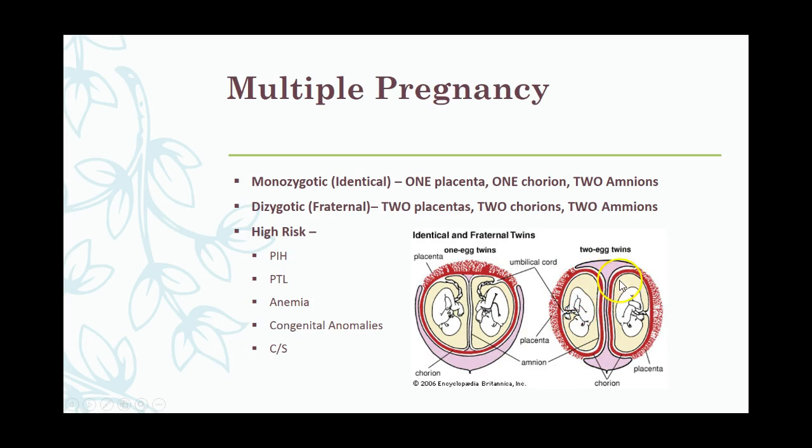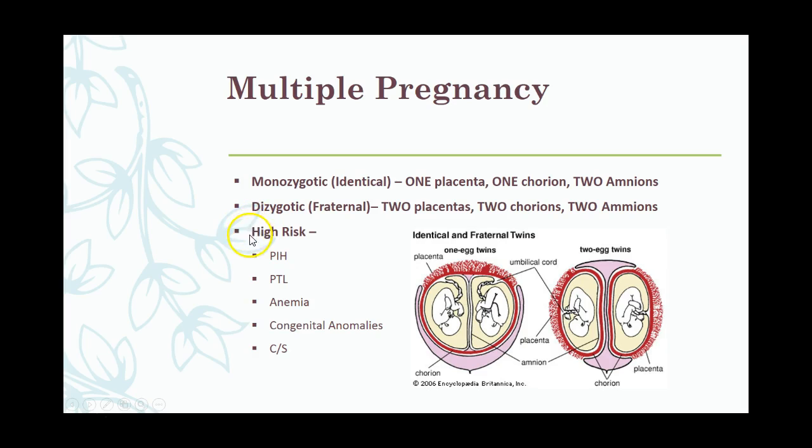So an amniotic sac here and an amniotic sac here. These guys are two egg twins. So we've had two eggs that have been implanted by two sperms. One sperm in one egg and one sperm in the other. All right, so I hope that makes this a little easier to understand with these pictures whenever we're talking about mono and di twins.